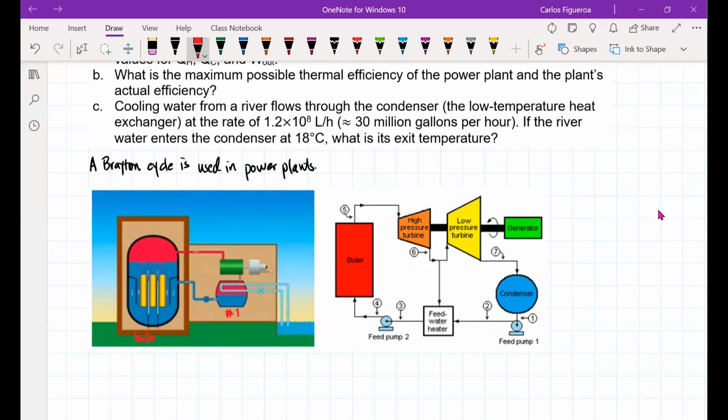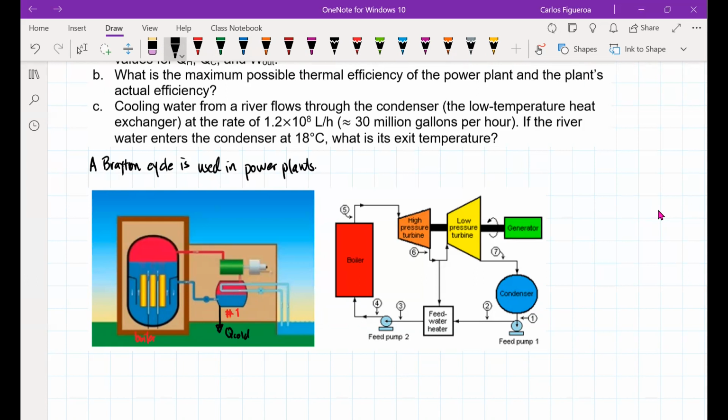So inside the boiler, you have nuclear reactions that then heat up the water. And as they heat up the water, what you're getting here is sometimes called the combustion chamber in heat engines. And then the condenser is where they eject. So what you're doing here is ejecting Q cold out of the system from the hot steam.